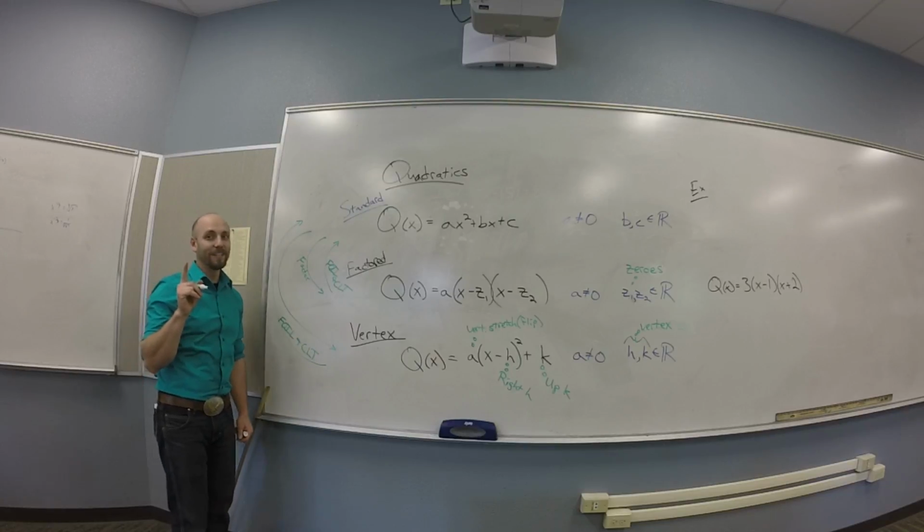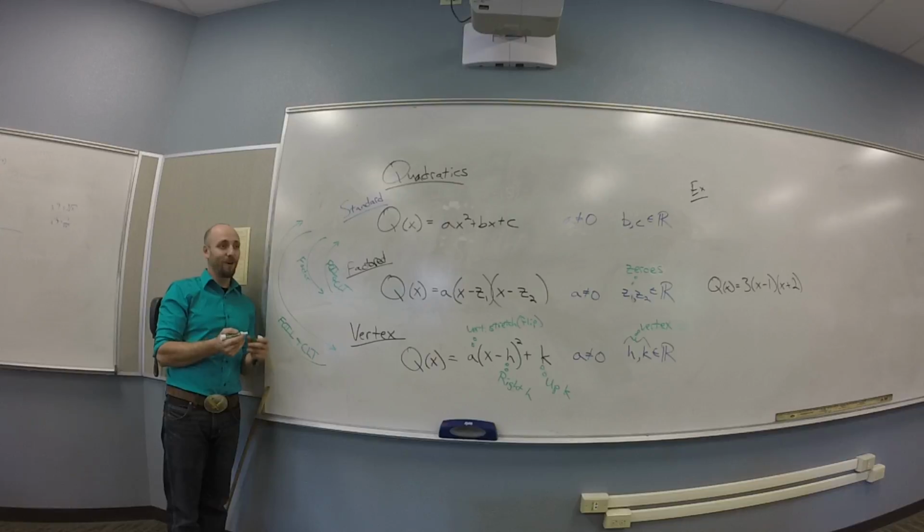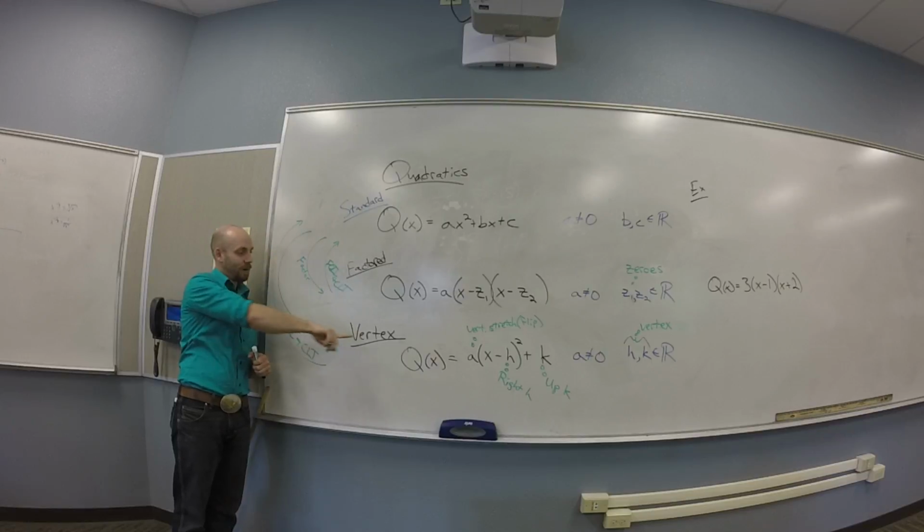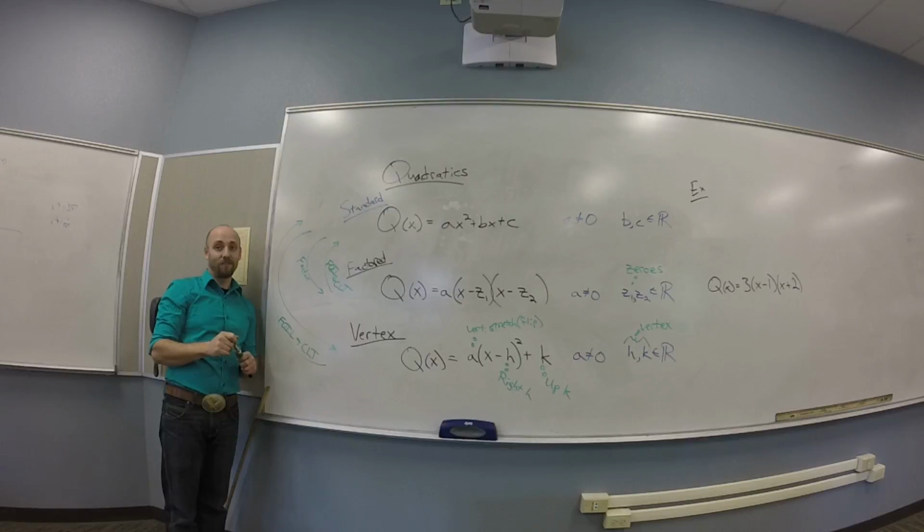Okay, now, and this is hard because I know this is a skill that you all have lost from Algebra 2. How do you get from standard form to a vertex looking thing? It's related to factoring. You complete the square.